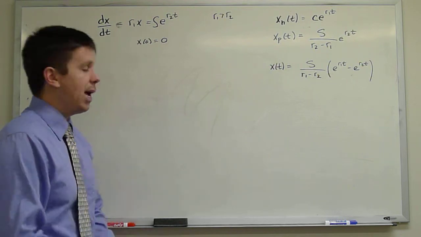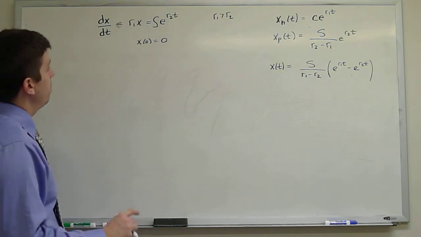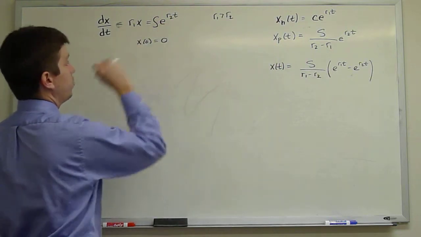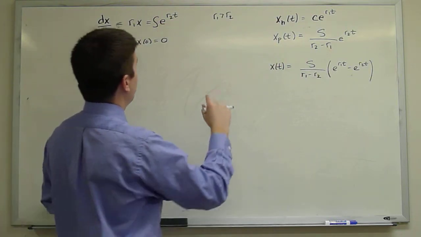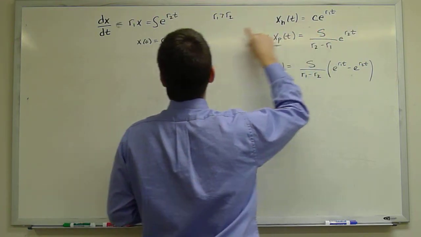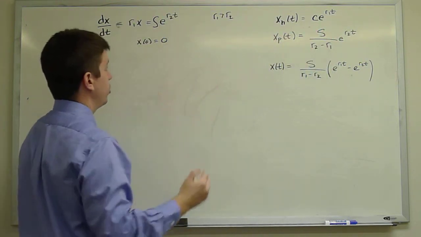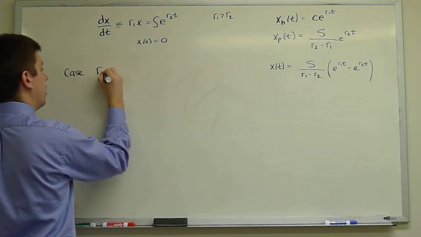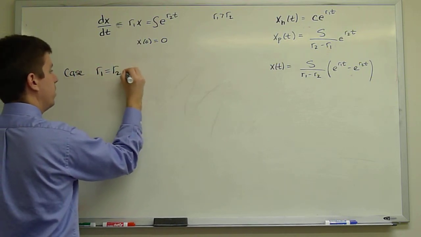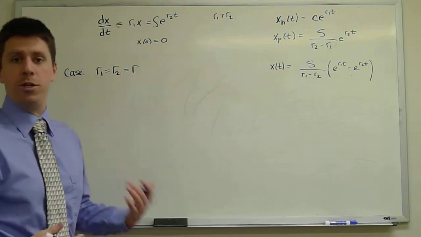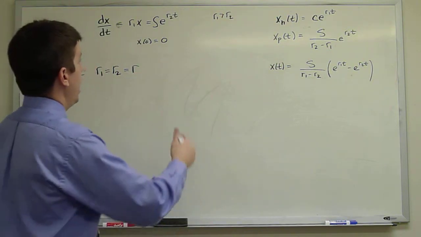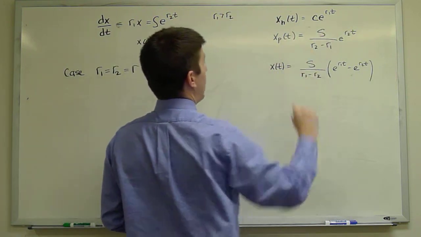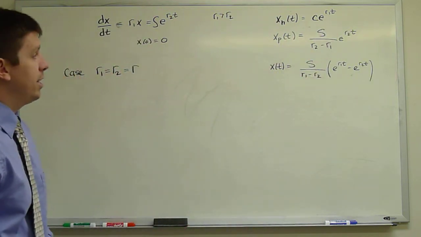Now, we had this general solution for any combination R1 and R2. We saw in class, however, that the method of undetermined coefficients fails if R1 equals R2. Because if R1 equals R2, then the forcing, let's call them both R, we don't have to have 1 and 2 anymore, the forcing e to the RT would be exactly the same as the homogeneous solution e to the RT.